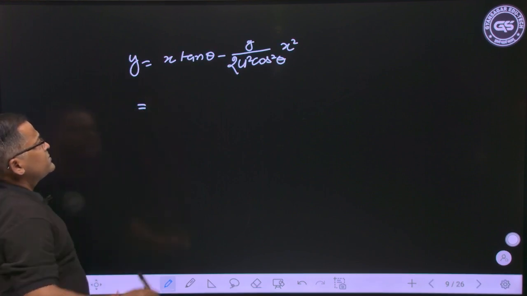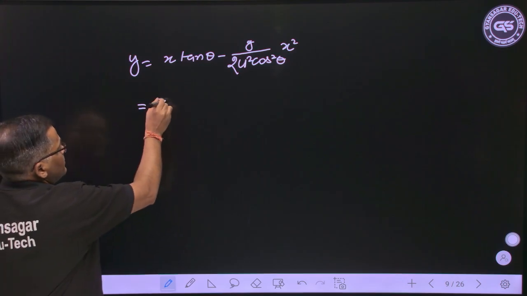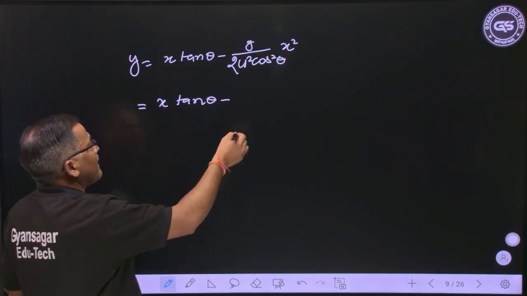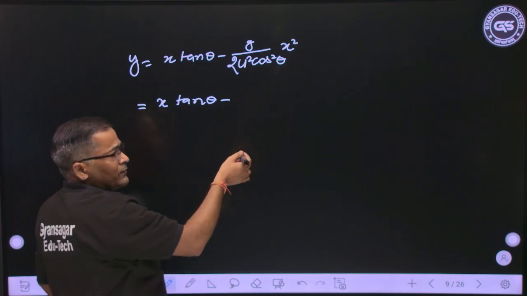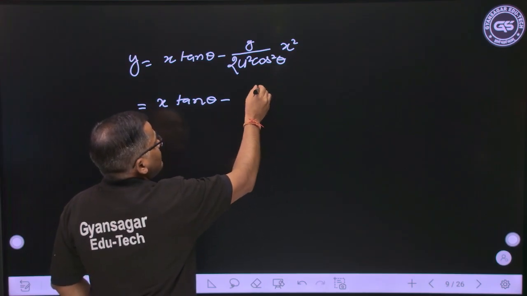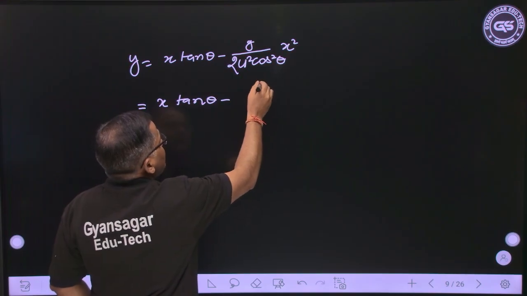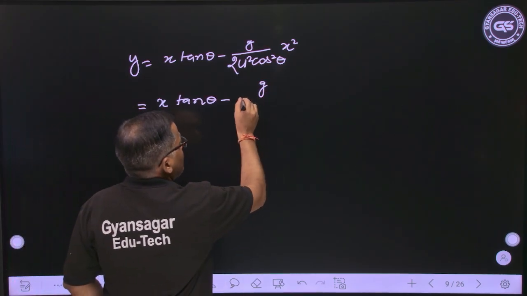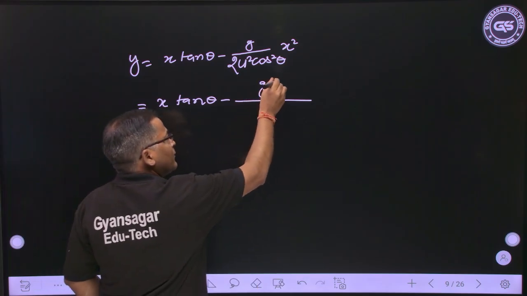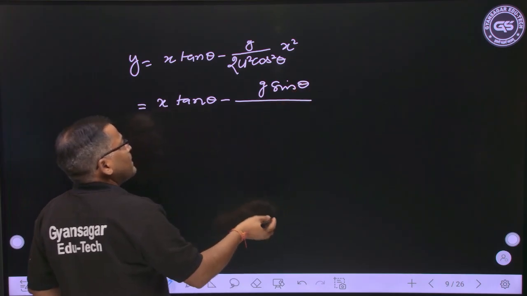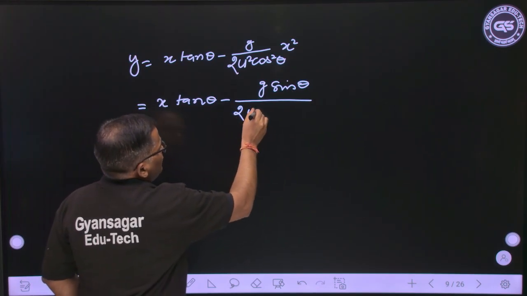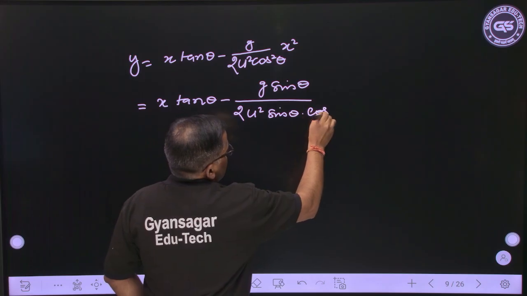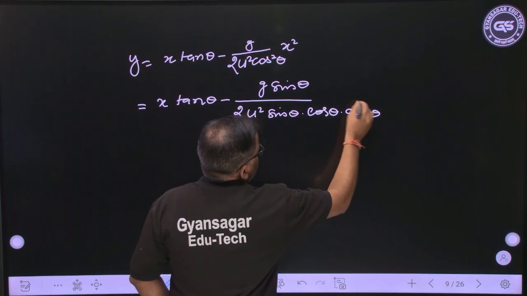In place of this, we can put g into sin theta upon 2u square sin theta and cos theta x square.